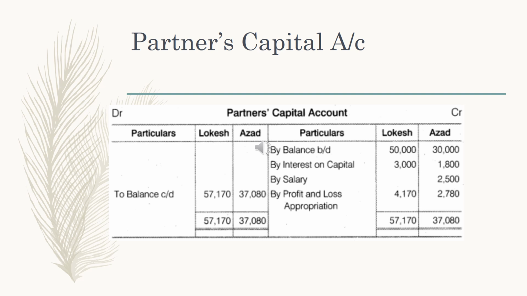Nothing is to be written on the debit side, as there are no expenses or losses incurred by the partners. So the total of Lokesh's and Azad's credit sides we write on the debit side. The total comes to 57,170 and 37,080.